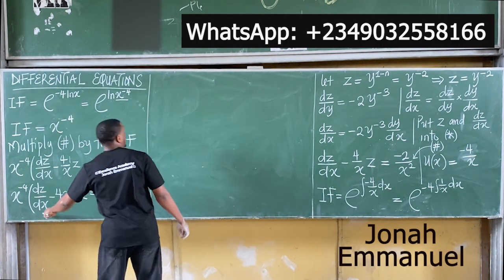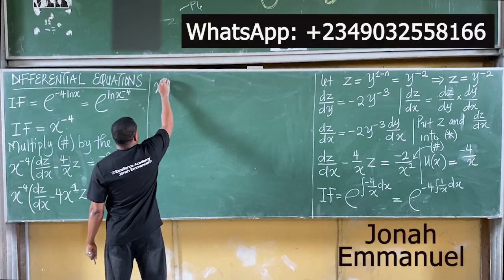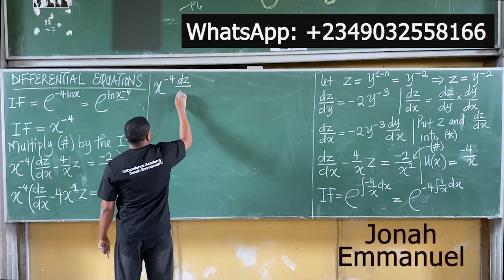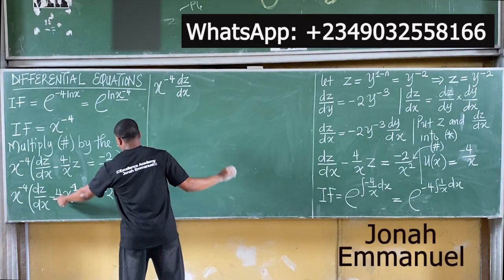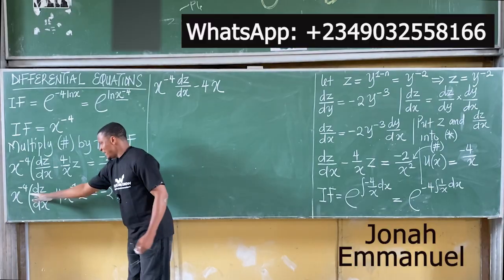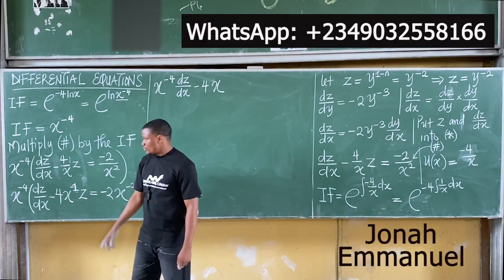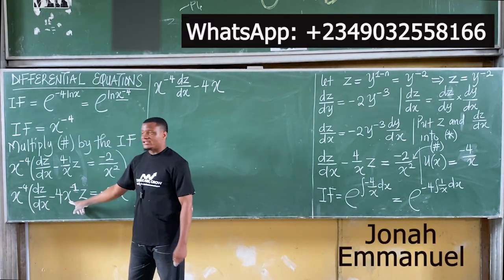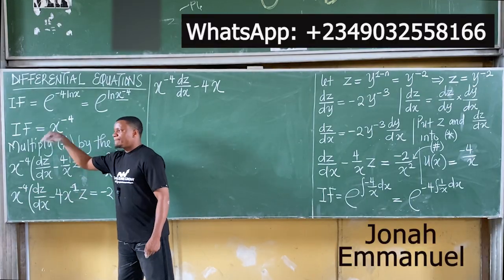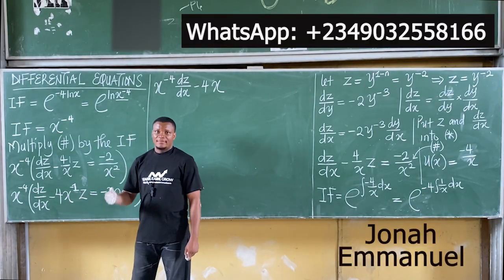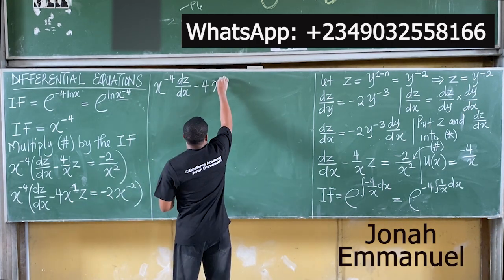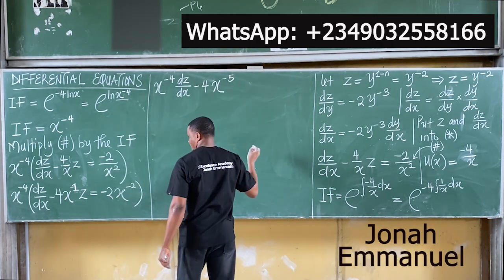So this and this gives you x to the power minus 4 dz dx minus 4x, and now I can simply add the powers. It saves us time. Same base, x and x, and multiply, so add up the powers. Minus 4 plus minus 1 gives you minus 5.